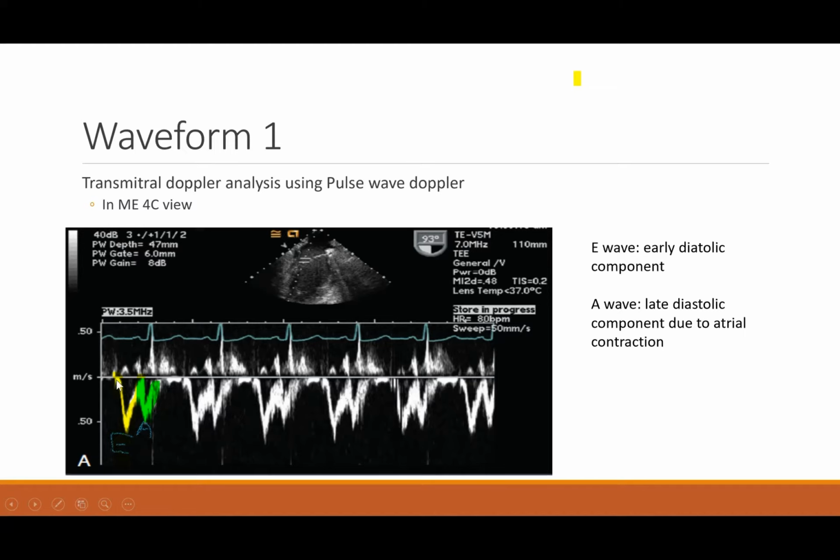The E wave is due to rapid filling from the left atrium into the left ventricle, followed by filling of the left ventricle due to atrial contraction, that is the A wave. From this E/A variation we will classify the diastolic dysfunctions, which will be discussed in a later class.